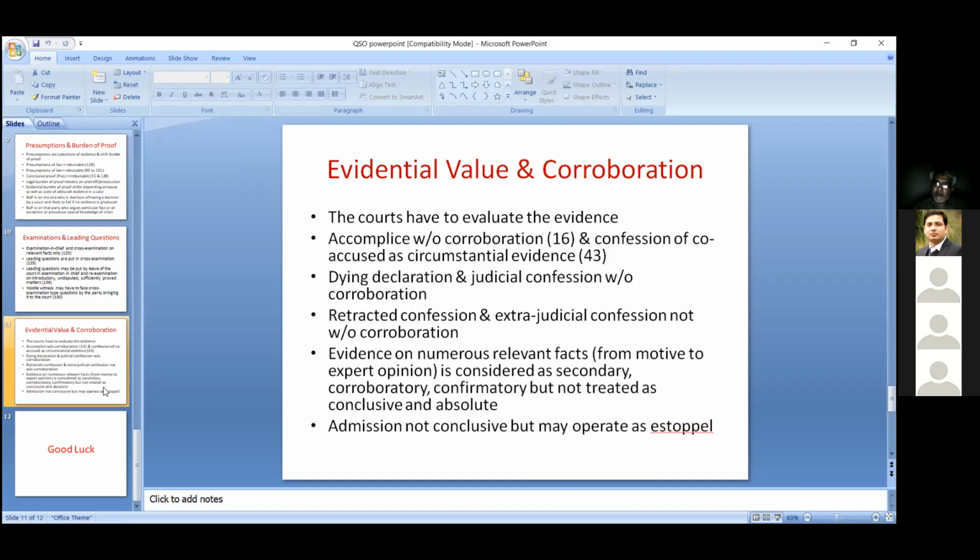For example, police officials, child evidence, interested witness. So this concept of corroboration was developed basically to ascertain the value and worth of particular pieces of evidence, and the court could use it in its own discretion.